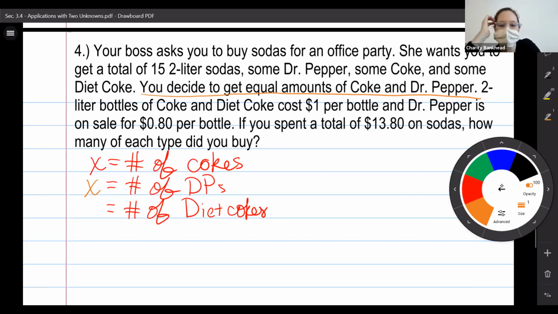All right. And then I want to write down another expression to represent the number of Diet Cokes. So let's just say, for example, that I know that I got 2 Cokes. And so that means I also got 2 Dr. Peppers. So if that was the case, then how many Diet Cokes did I get?